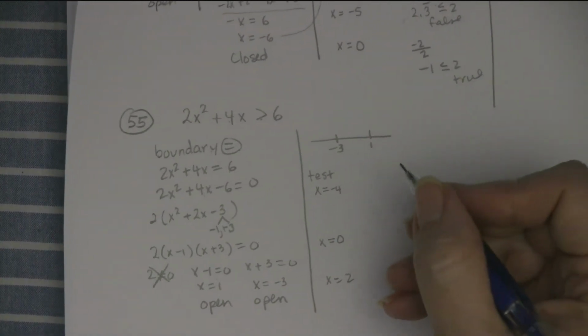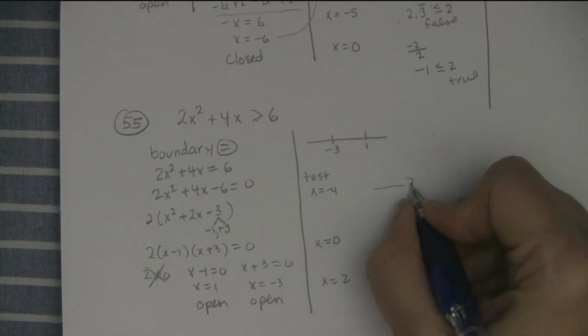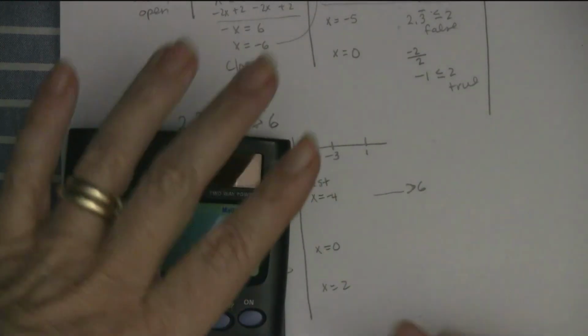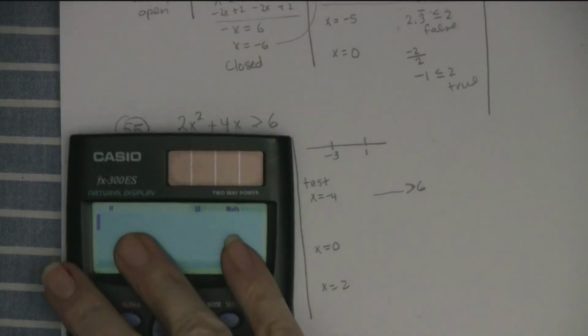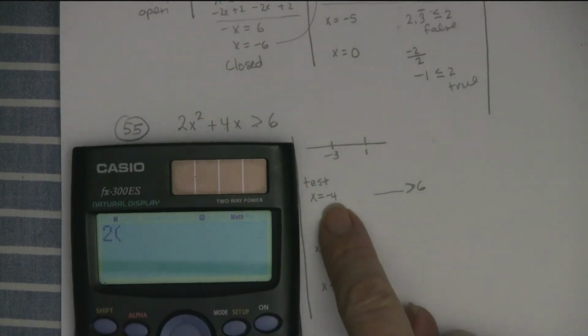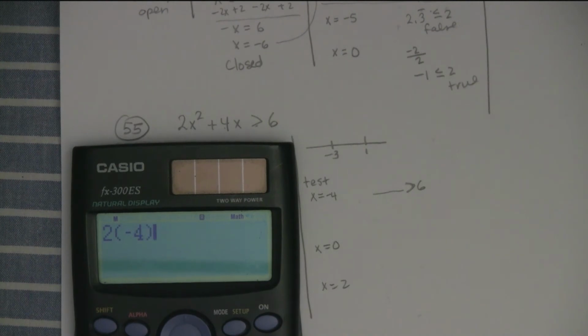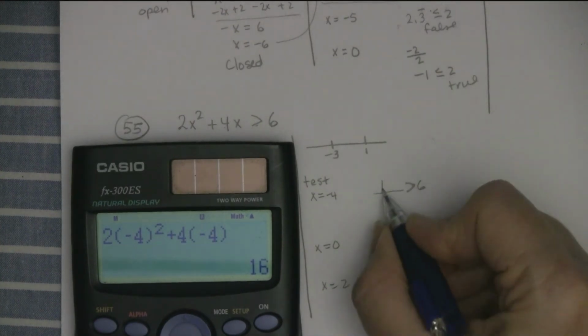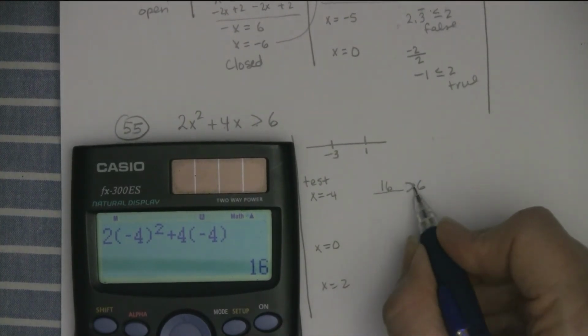And I'm comparing this to 6. I'm saying this is greater than 6. So I'm going to just use my calculator. So it says 2, and then I chose -4, and plus 4, so here's 16. And 16 is greater than 6.